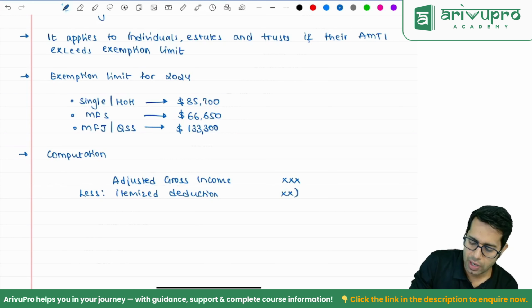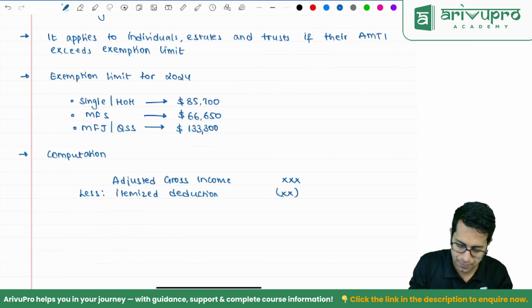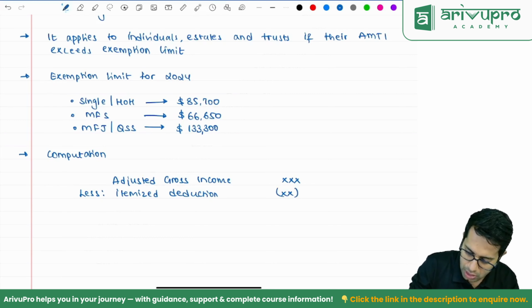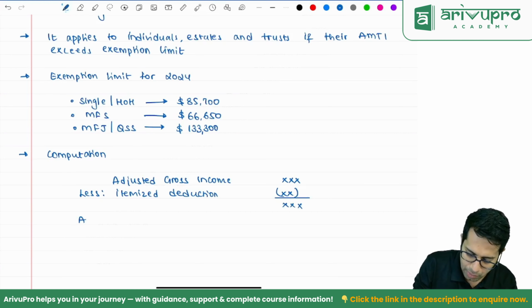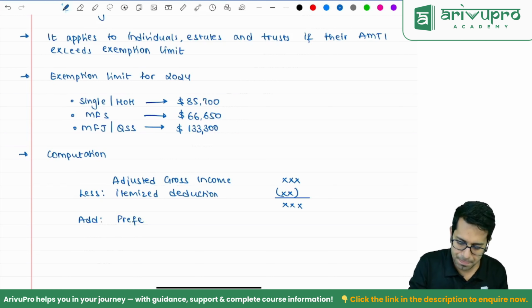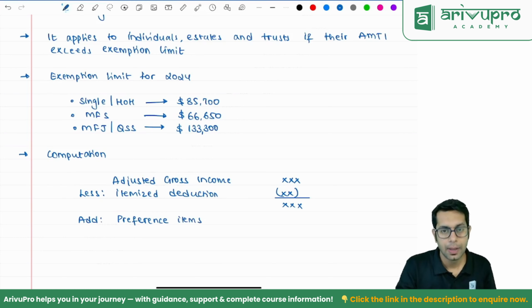Now whatever is left over, to that add back your preference items.